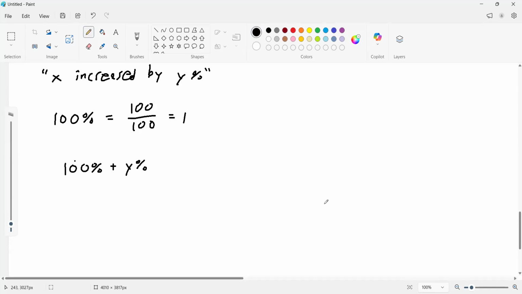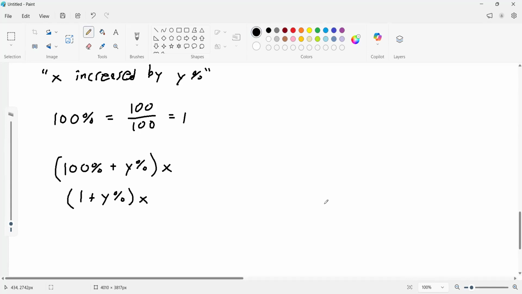Okay? And then this is what I am multiplying by my X. So X is increasing by this amount. Now, you don't often see it written like that. And so instead, think about this in terms of the decimal form, right? 1 plus Y% times my X. So this is really important.